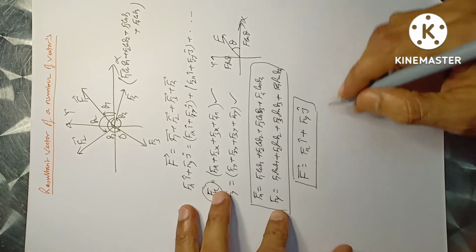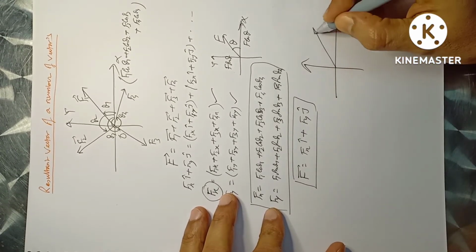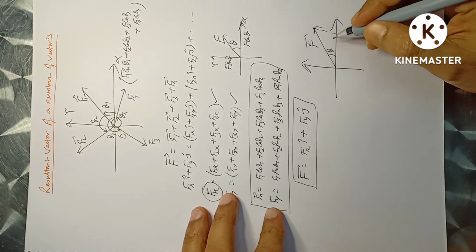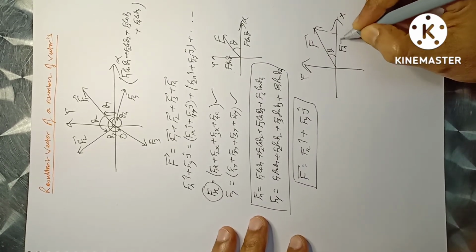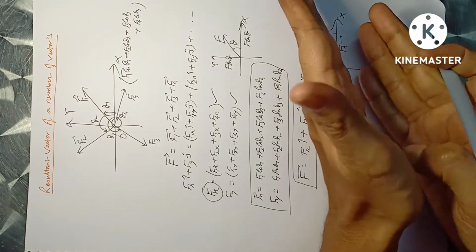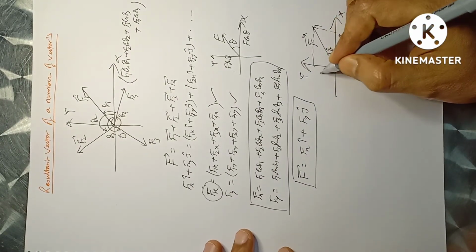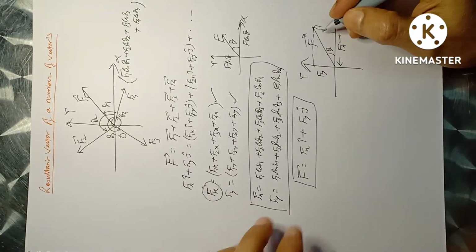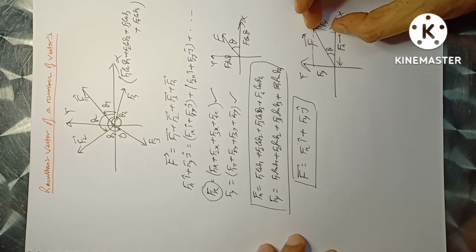And for the angle with respect to the x-axis, suppose this is the f vector and it makes an angle theta with the x-axis. So this is fx, the component of f along the x-axis, and this is the component along the y-axis, fy.